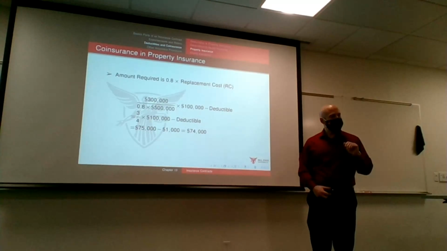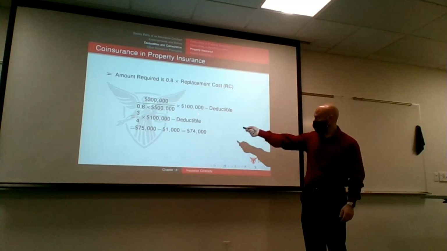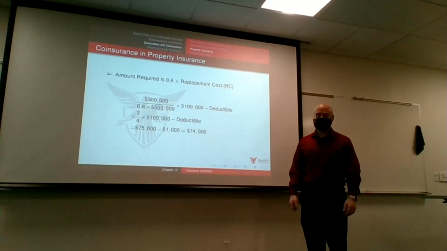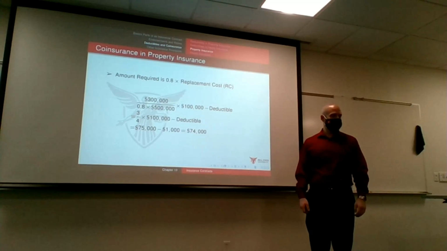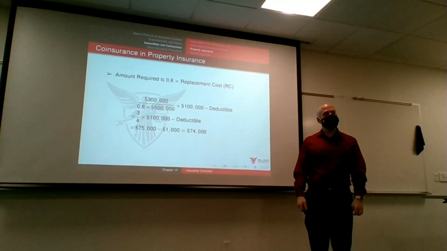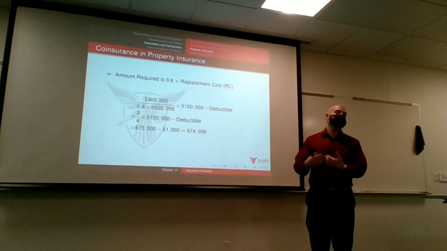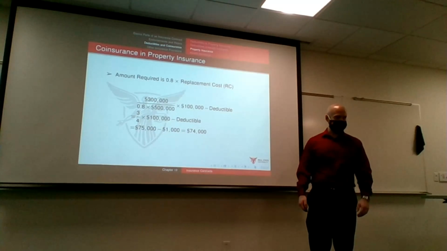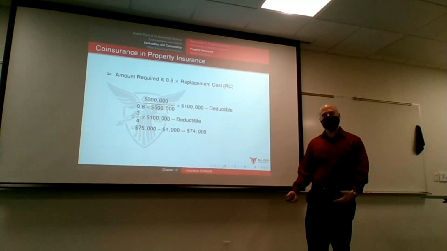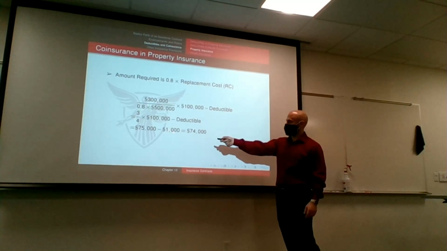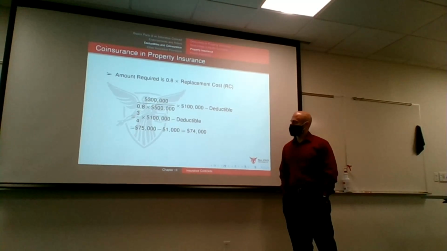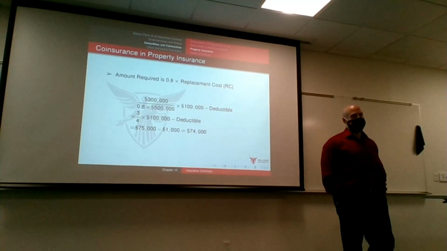So if you have a loss, let's say a $100,000 loss, that is only covered at 75%, and then your deductible is still removed from it. So it's 75,000 less your deductible, you get paid out 74,000 for a $100,000 loss.